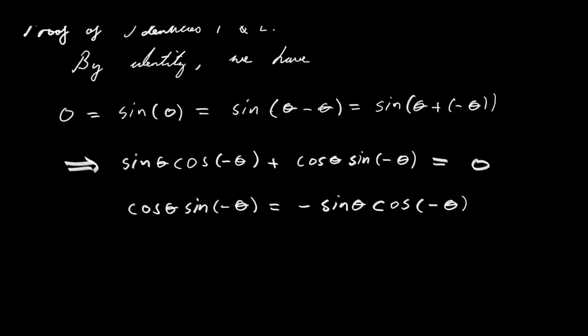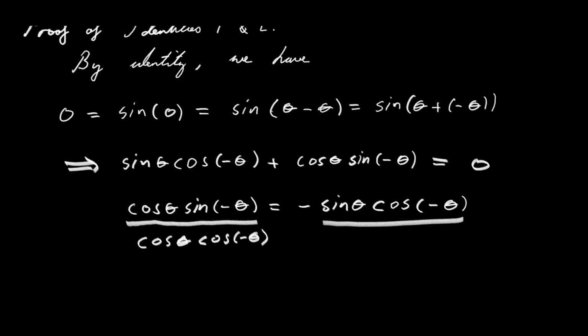Whenever you want to divide both sides of an equation by something and then divide both sides by something else, you can do it in one step by dividing by the product of those two things. So you don't have to do it in two steps. We want to divide by the cosine of theta and then by the cosine of negative theta, so we'll do that in one step by dividing by their product. And we have to do the same thing on the right-hand side. So we divide by the cosine of theta times the cosine of negative theta.